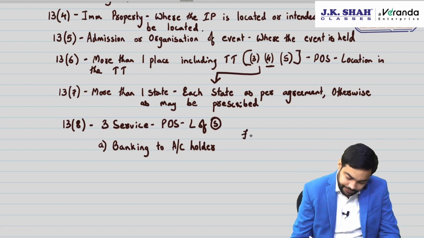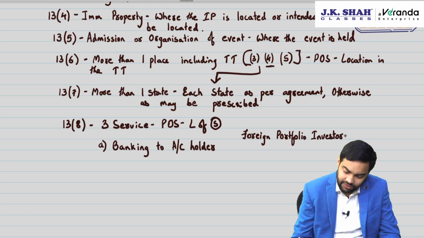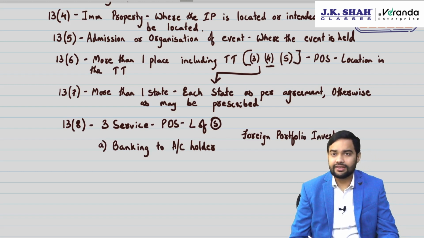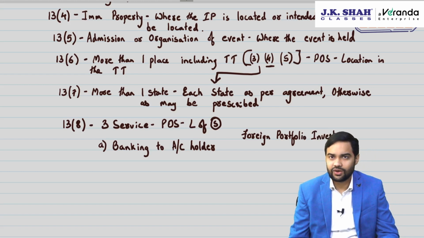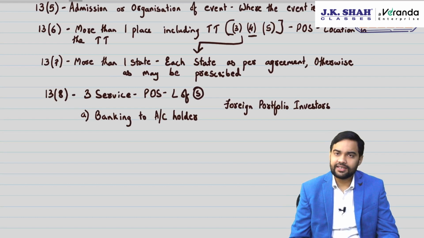What about foreign portfolio investors? Now foreign portfolio investors use the services of the bank for custodial services. Whatever securities they are holding, they have to hold it in an Indian demat account, so they take the services of banks.